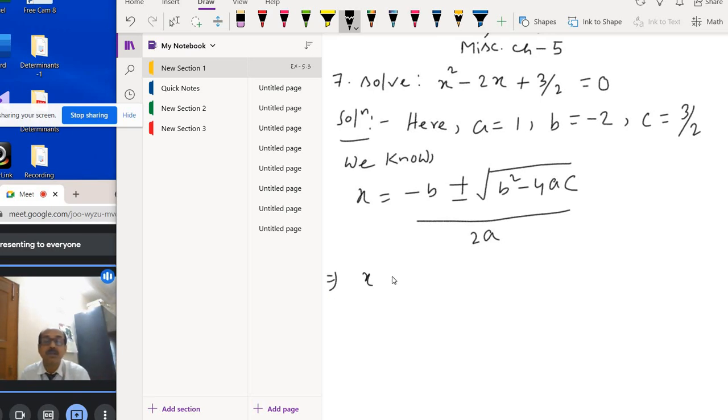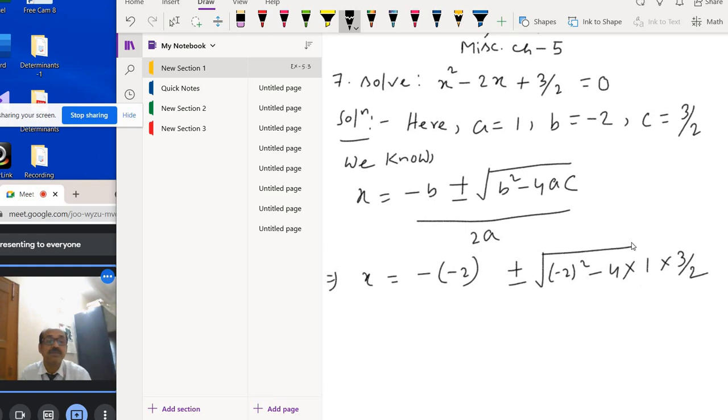So x equal to b is minus 2, so minus into minus 2, so 2 plus minus under root b square, that is minus 2 whole square, minus 4 into a is 1 into c is 3 by 2.